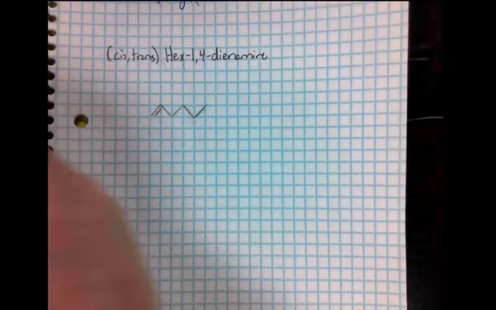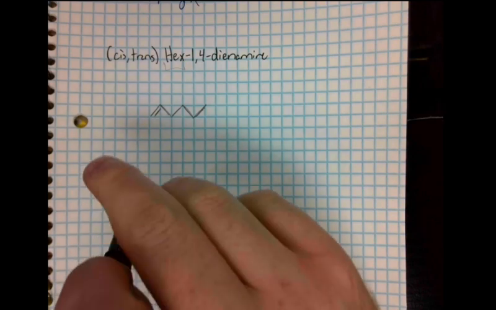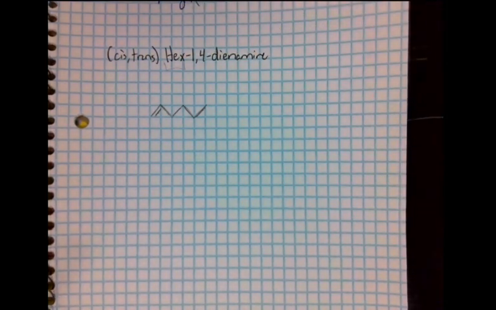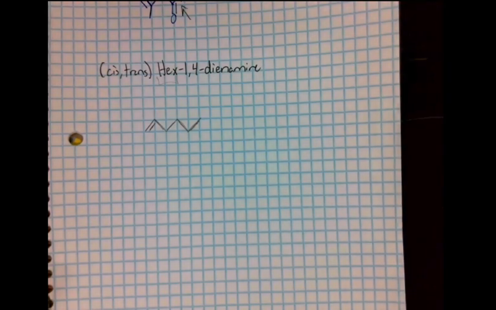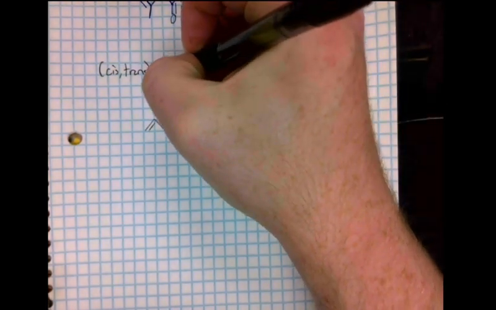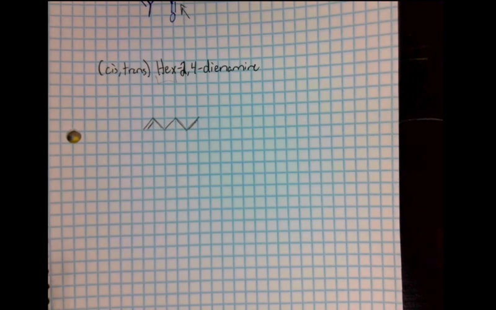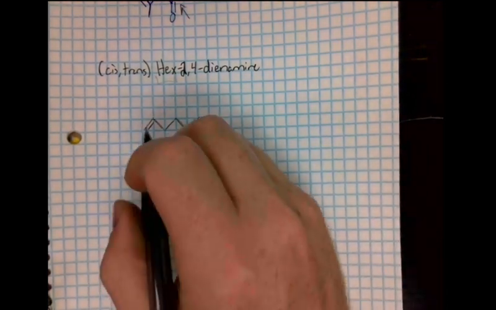I believe that should actually be position 2. Man, I just copied down my example completely incorrectly. So we're going to fix that, and we're going to fix that. Okay, much better.